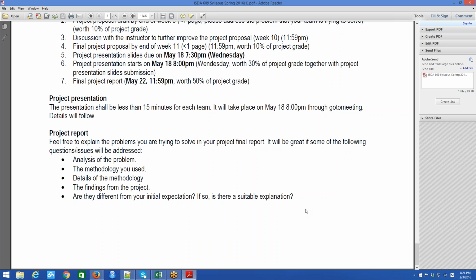And then number 5 is, are they different from your initial expectation? If so, is there a suitable explanation? If different, what potential ways can you improve the methodology? So that's basically the idea, so that you can put things together, express the problem and try to solve it.